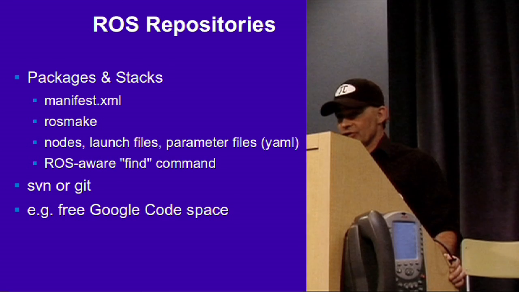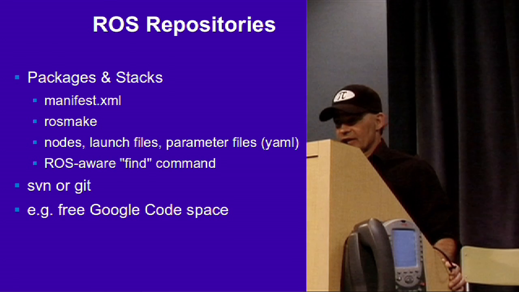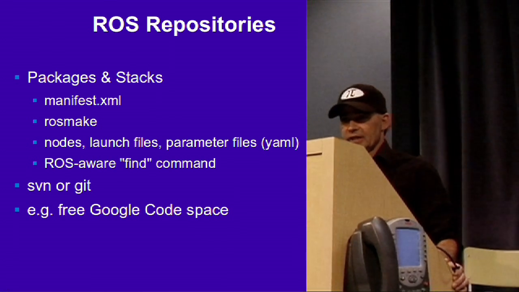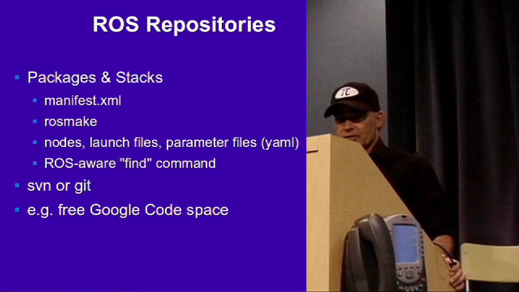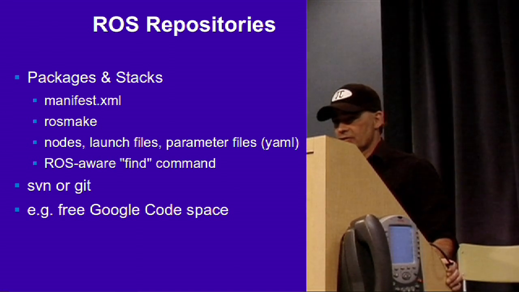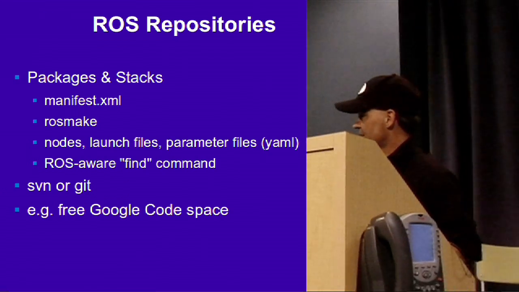What's nice about that is you can sync up your own code repository as you're building code to the SVN site on Google Code, go to a completely different Ubuntu machine, and just SVN it all back to that machine, and you've got basically the same identical code environment. But this is also typically the way that people share their repositories.